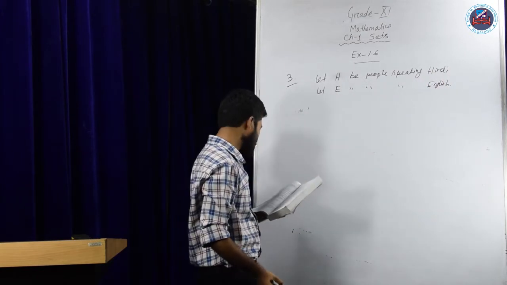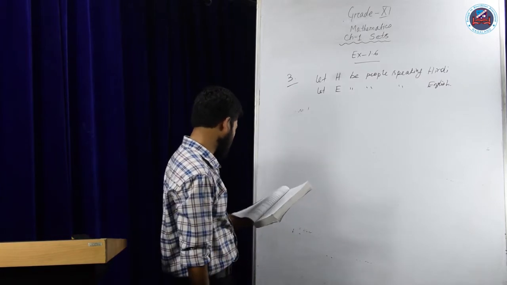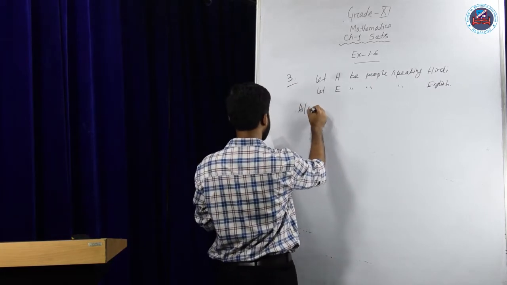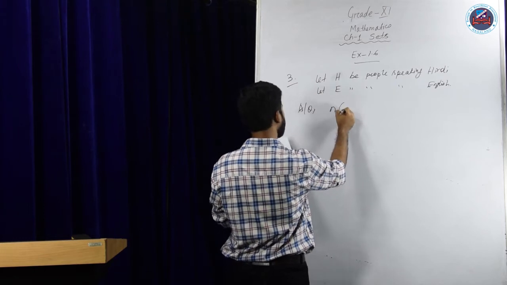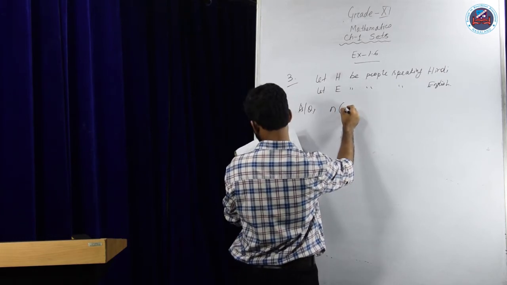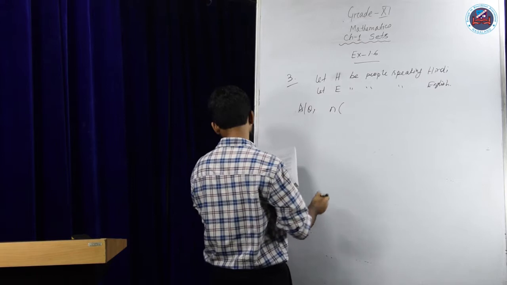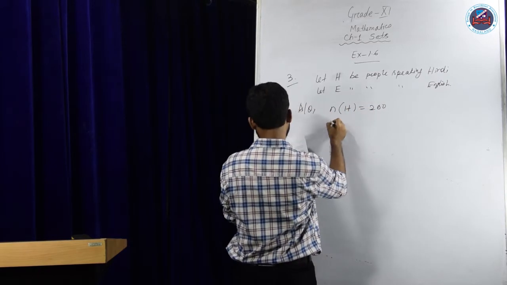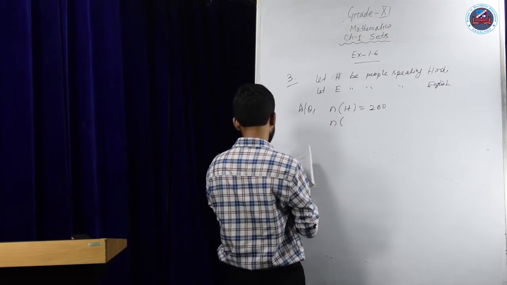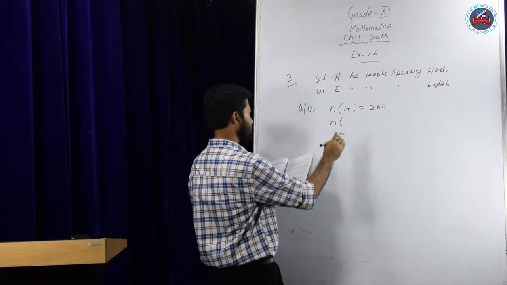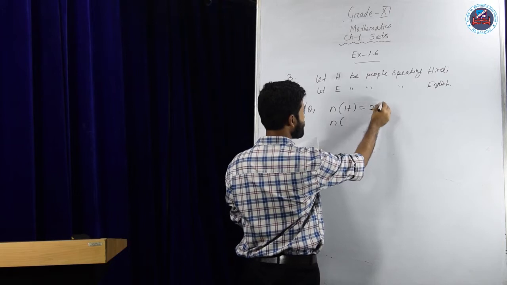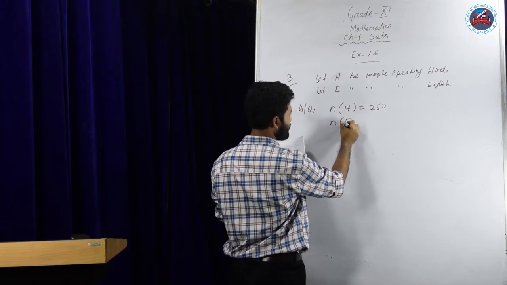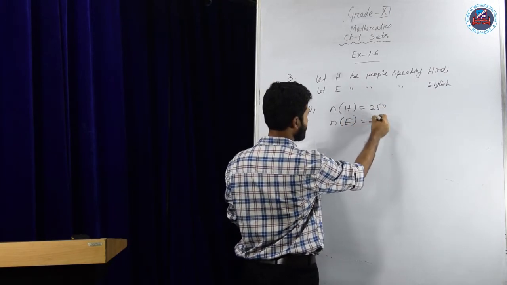Fine? Okay. Now what does the question say? According to the question, the number of people who can speak Hindi is 250, and the number of people who can speak English is 200.